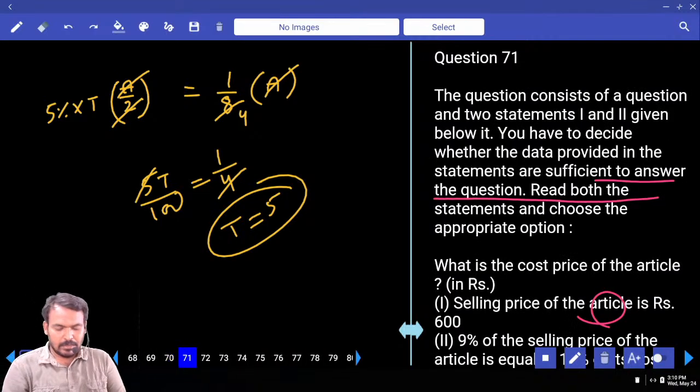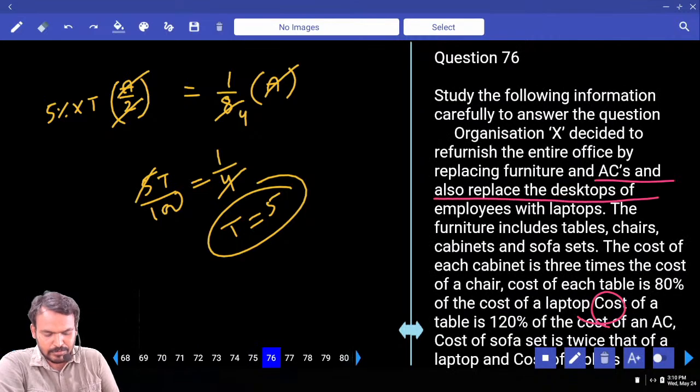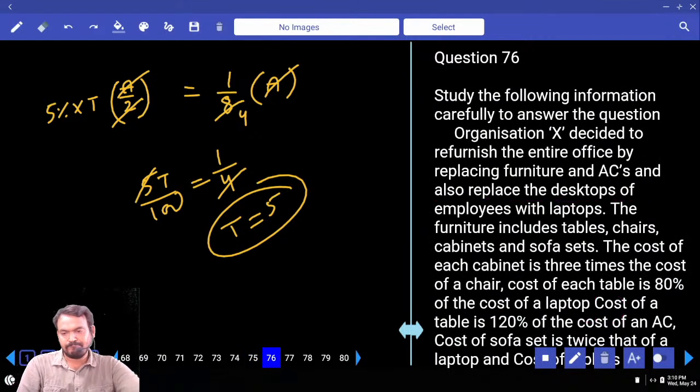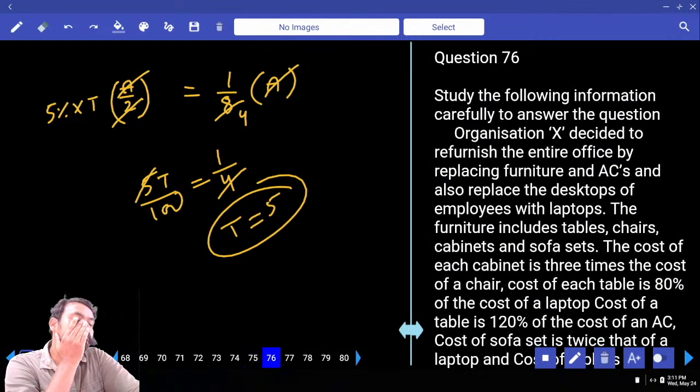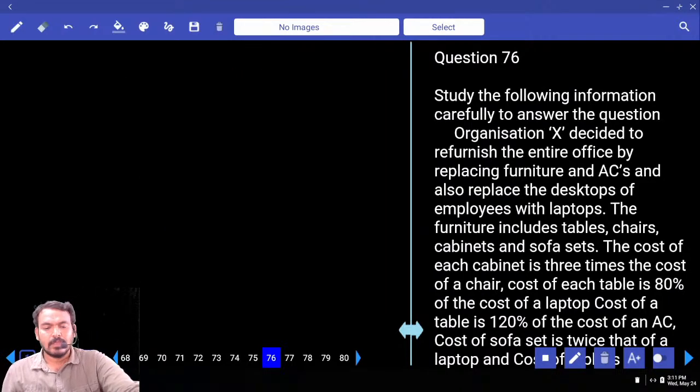Next question number 76, look at it first. If you return value 144, 144 again cancel or not? Okay. Question number 76.